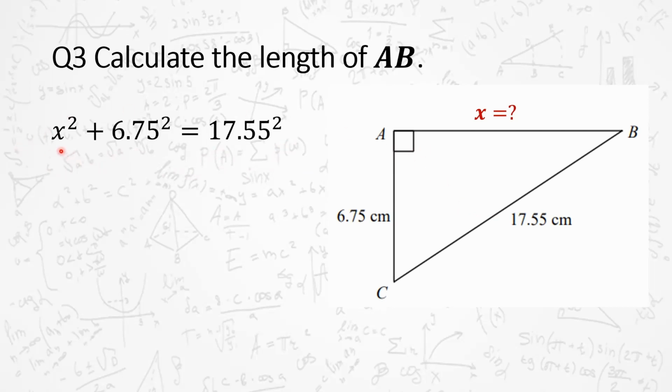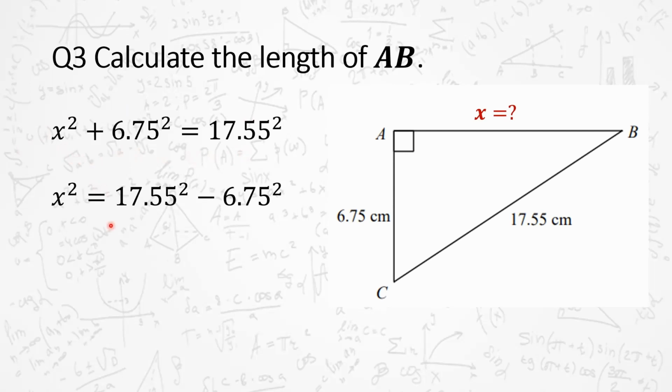So the addition of x squared and 6.75 squared gives me 17.55 squared. Then we need to transform this equation by rearranging it to make x squared the subject. So I have x squared equals 17.55 squared, take away 6.75 squared.